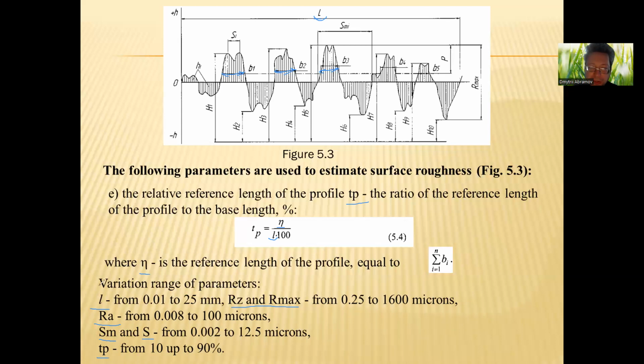Write down to your notes variations range of parameters. Variation range of parameters. L, RZ, R maximum, RA, SM, S, and TP.